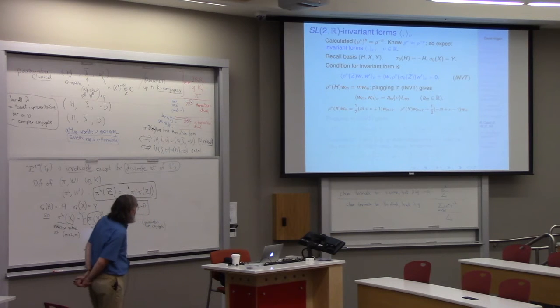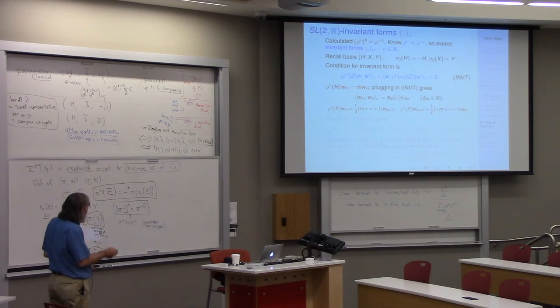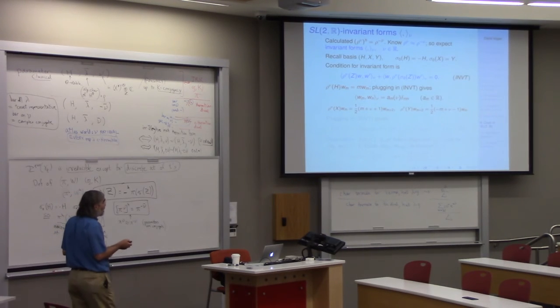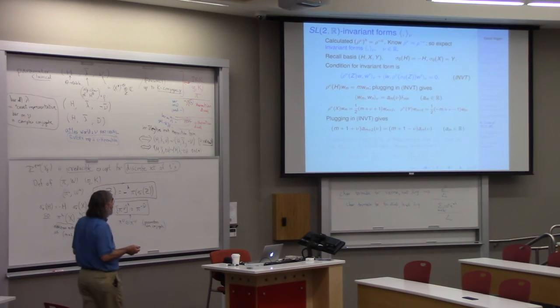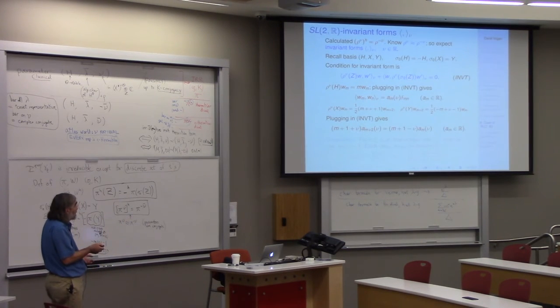Okay. Now we have these formulas for X and Y, and if you plug those formulas into the definition of invariant, you get this equation. I'm using these formulas, and I guess W is Wm, and W prime is Wm plus 2, something like that.